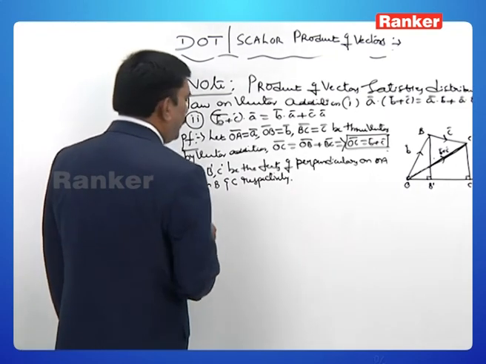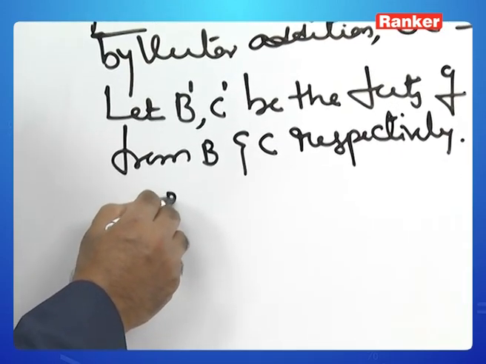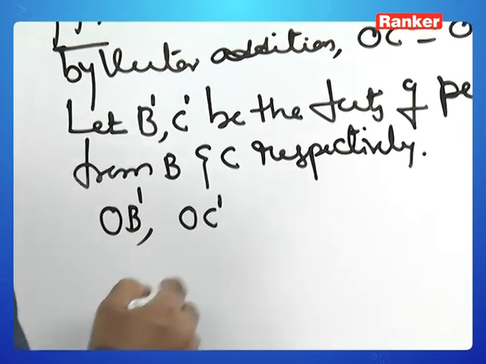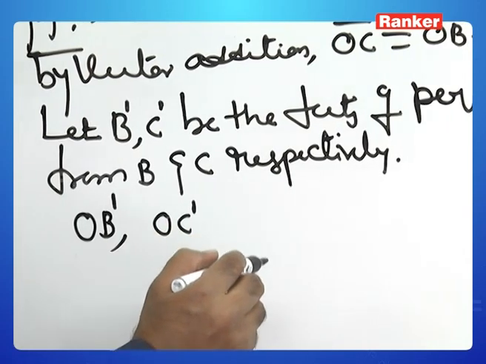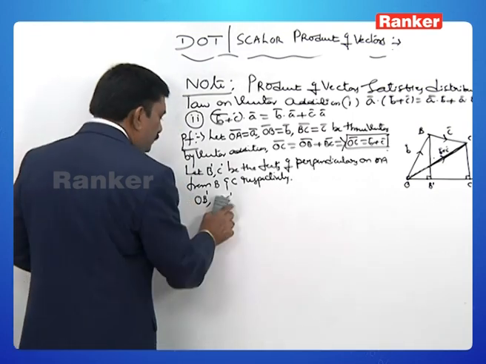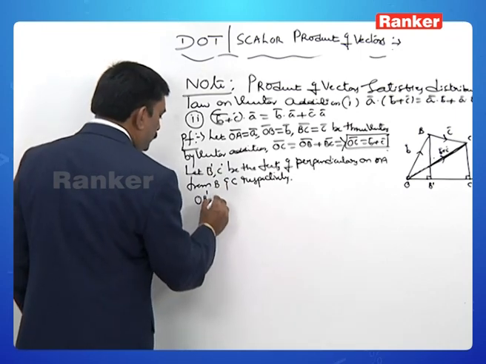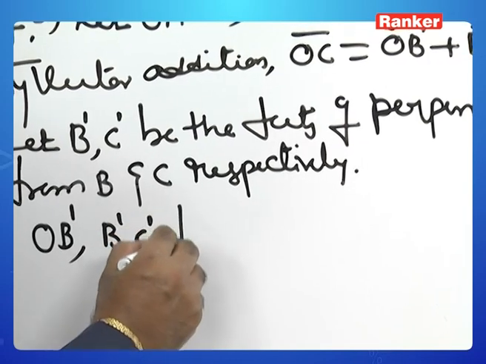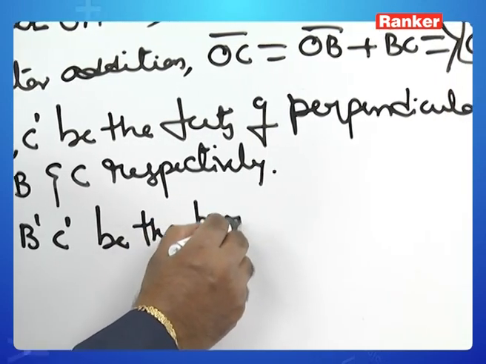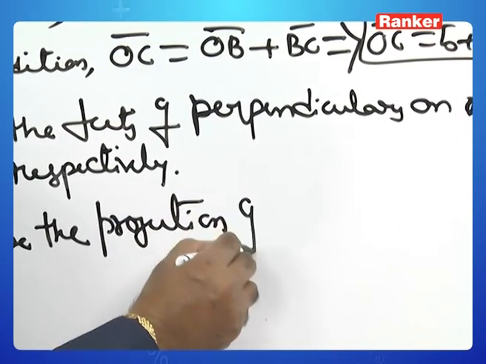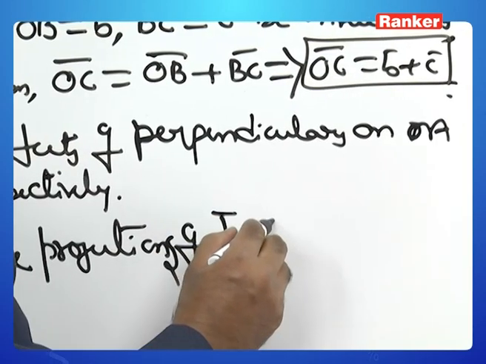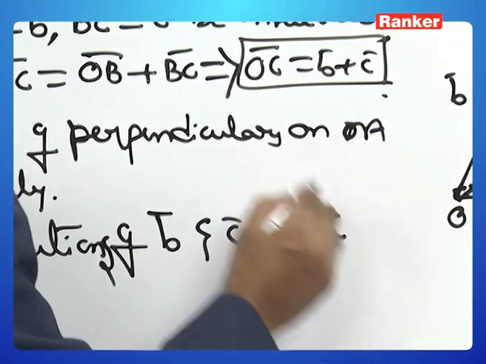Therefore, now I can write OB', B'C' and OC' be the projections of B bar and C bar on A bar.